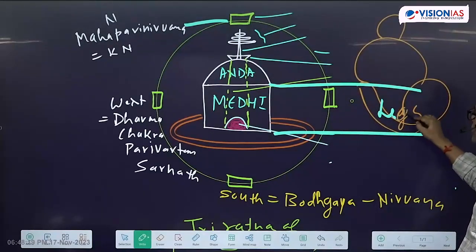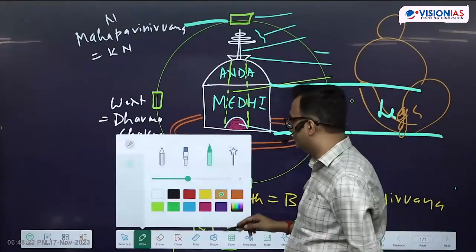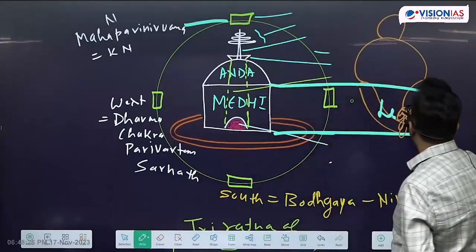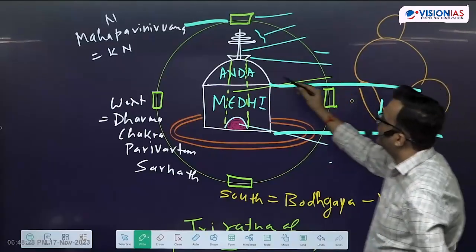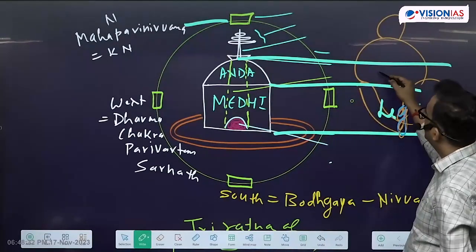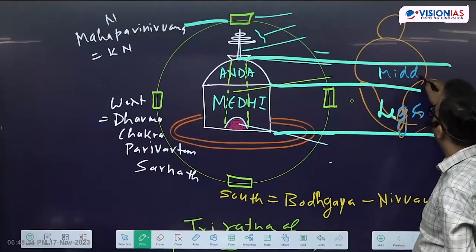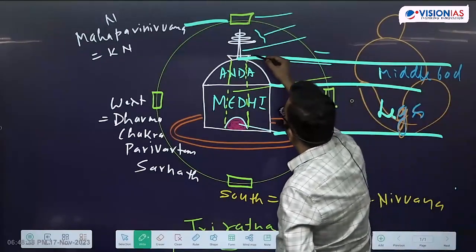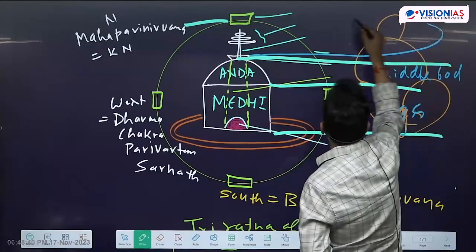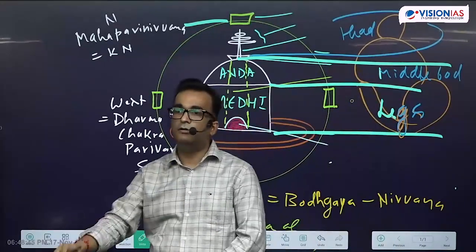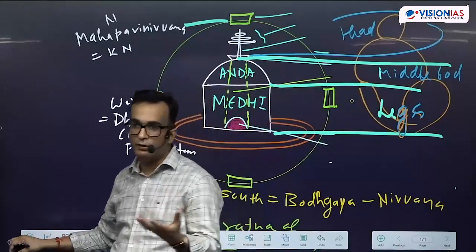It is compared with the legs of the Buddha. Then this Anda part is considered to be the middle body of the Buddha. And the Harmika, Yasti and Chhatri are the head of the Buddha. So this is the final comparison, not just comparison, the concept in Buddhism.